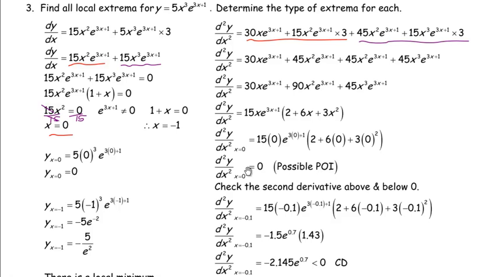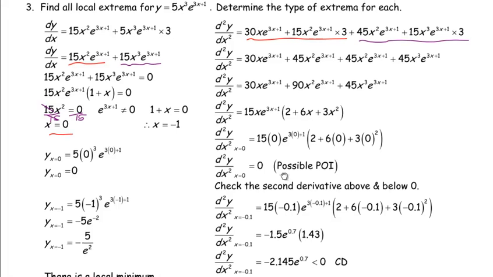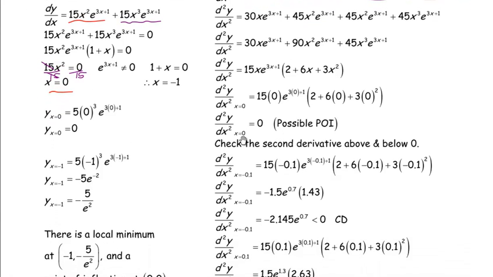The way you could check that is to find the value of the second derivative to see if concavity changed, if it went from negative to positive second derivative or the opposite, by substituting a number a little below 0 and a little above. So I'm going to substitute negative 0.1 in, and then positive 0.1 down here. So I put negative 0.1 here, here, here, and here. So there's all the substitutions right there.